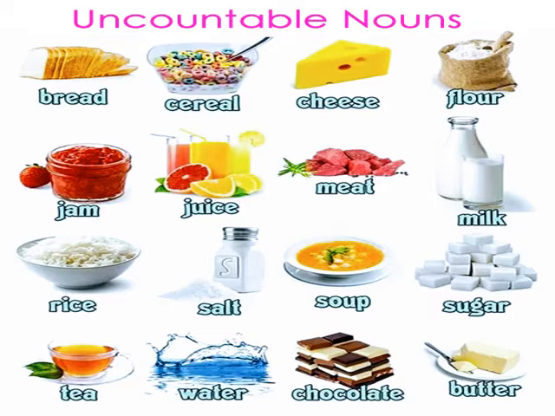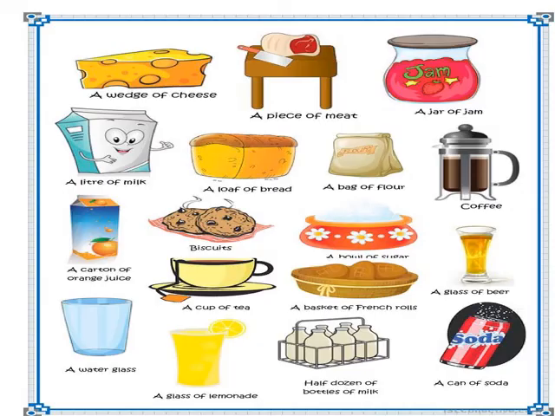Jam, juice, meat, milk, rice, salt, soup, sugar, tea, water, chocolate, butter. All these are uncountable nouns. A few more examples of uncountable nouns you can see in this slide. Some are repeated.